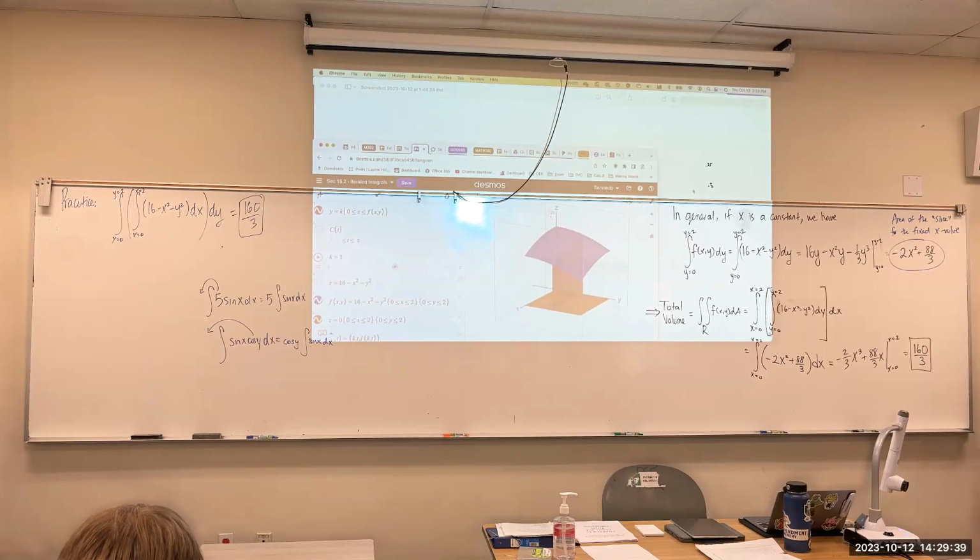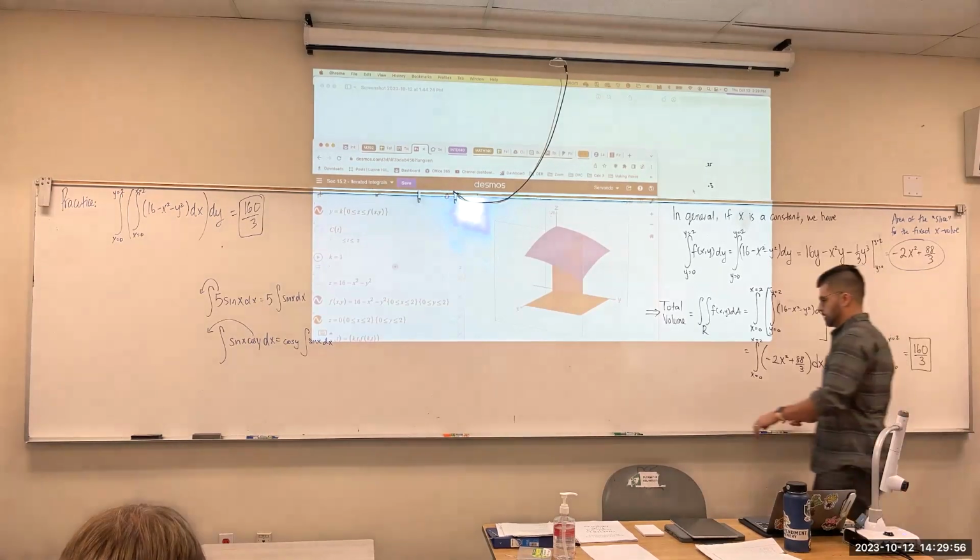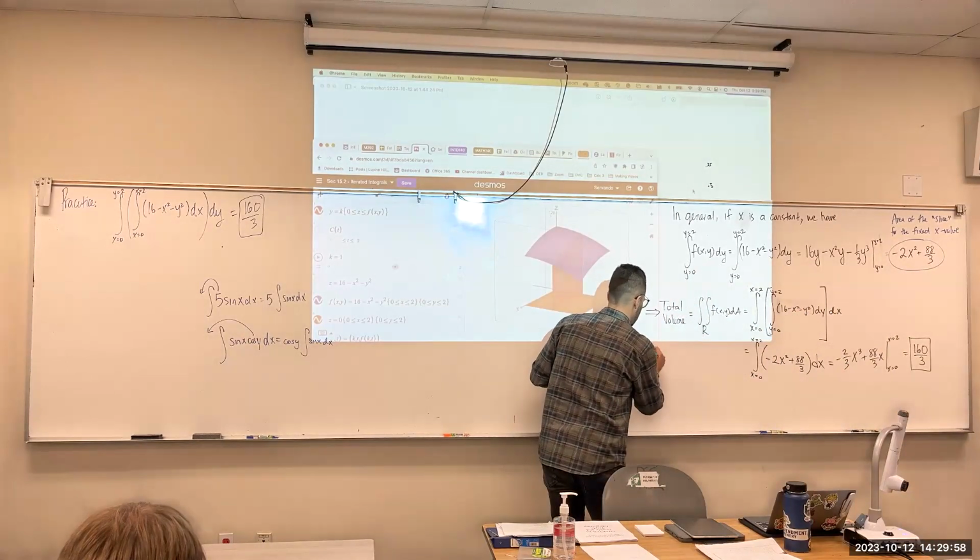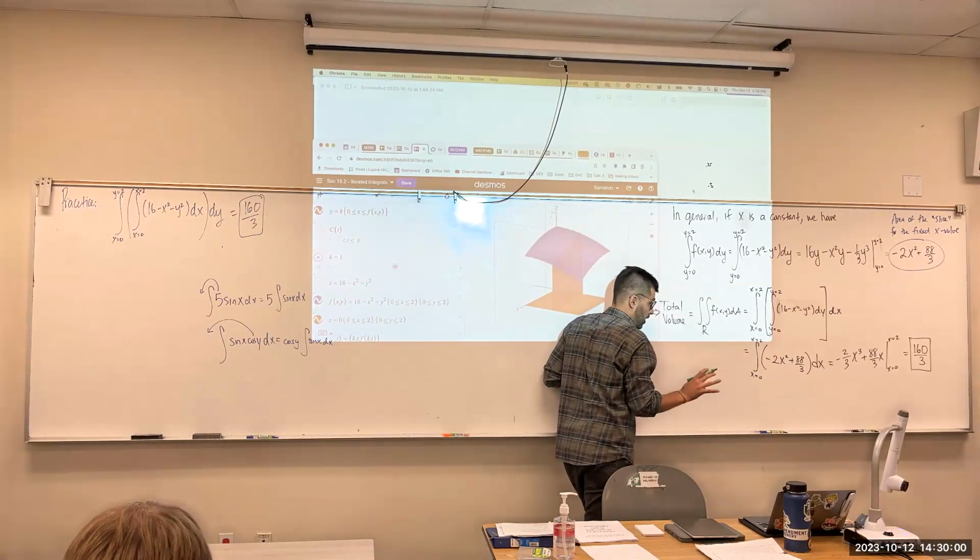So can I integrate the same variable? Well, okay, so let's say you're doing it with respect to y, right? When you're doing it with respect to y, let's say right now x is a constant, right?